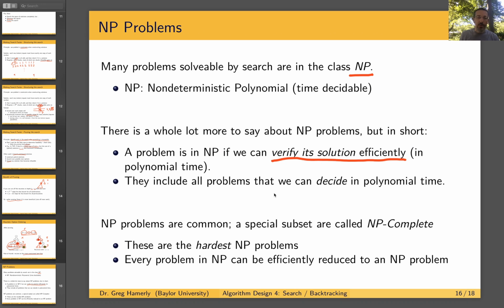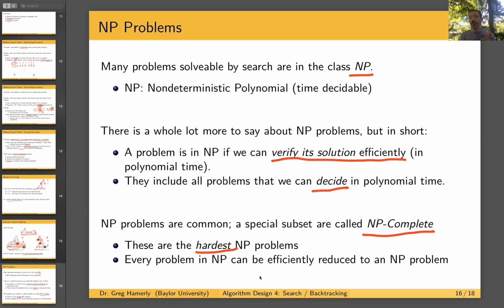It does include also all problems that we can decide efficiently in polynomial time, which we're used to, things like Dijkstra's algorithm or anything that runs in polynomial time. And a few more words about this. NP problems are very common, which is why I'm mentioning them. And a special subset are what are called NP complete. And these are what are known as the hardest NP problems.